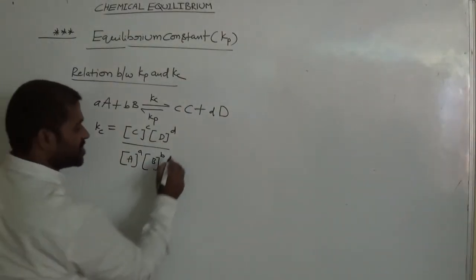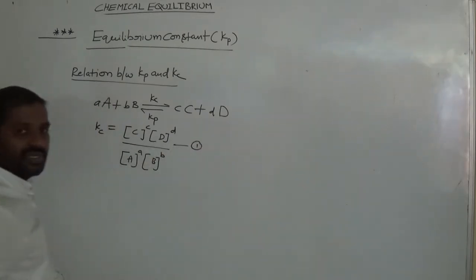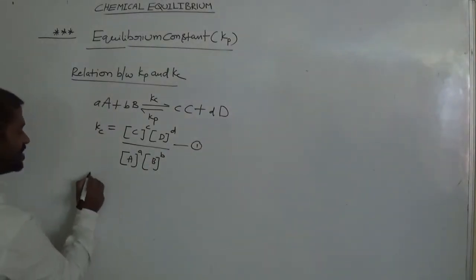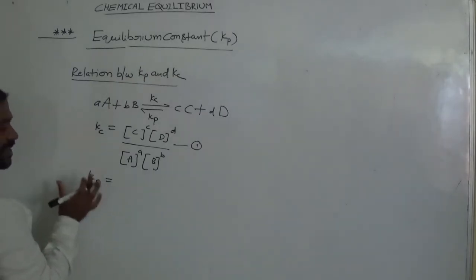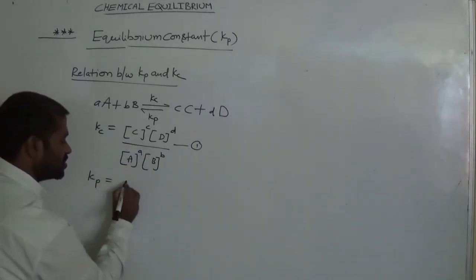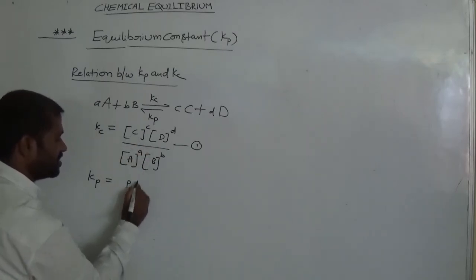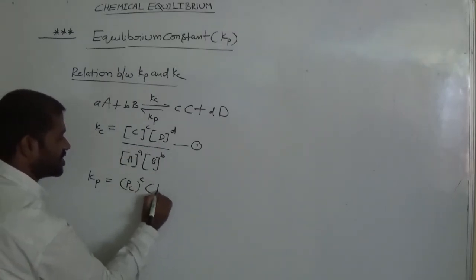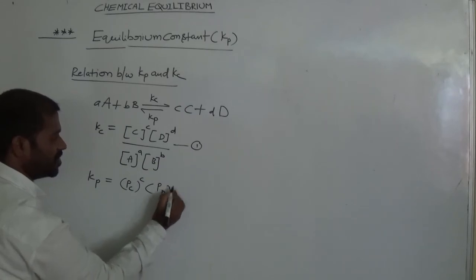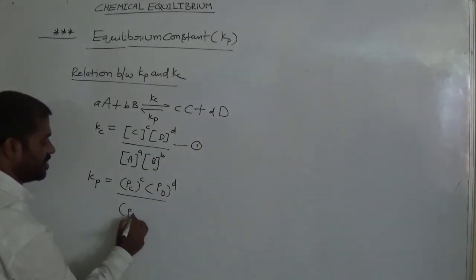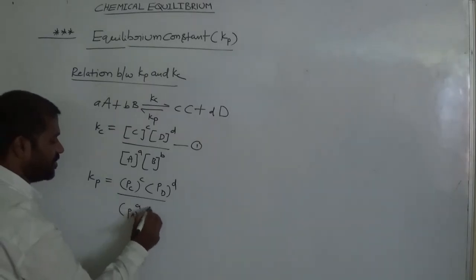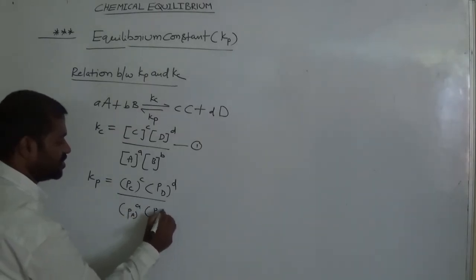This is the first expression with respect to Kc. So come to Kp for the same equation, where Kp is in terms of partial pressure: partial pressure of C to the power c, partial pressure of D to the power d, over partial pressure of A to the power a, partial pressure of B to the power b.